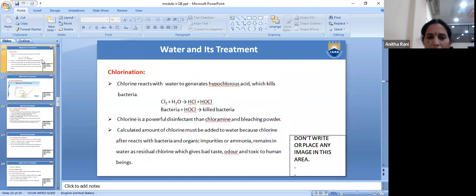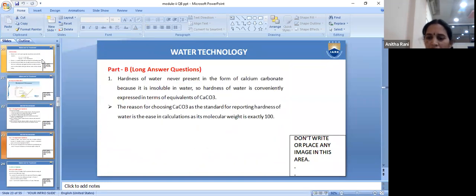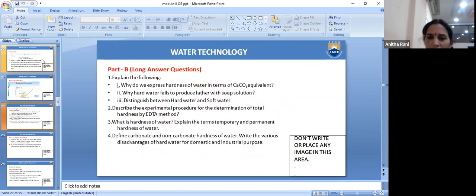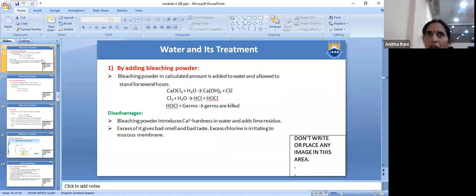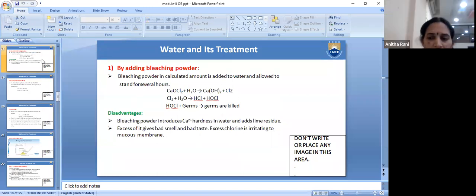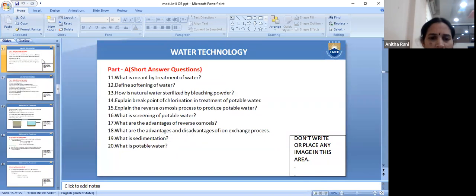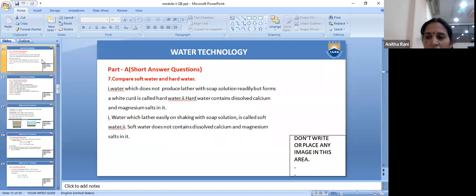Now tell me milligram per liter. Hello students. One milligram per liter is equal to one milligram of calcium carbonate per 10 power 6 milligram of water.